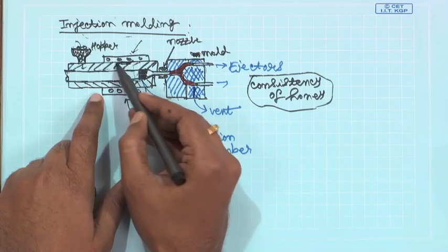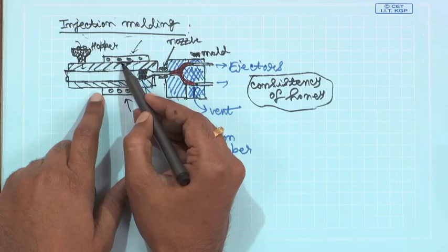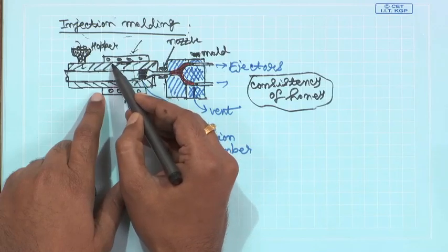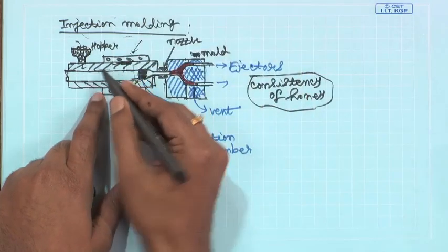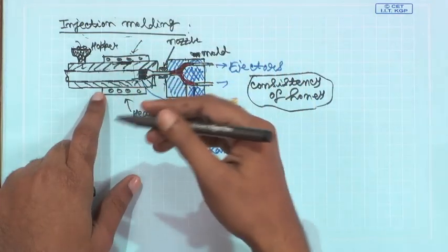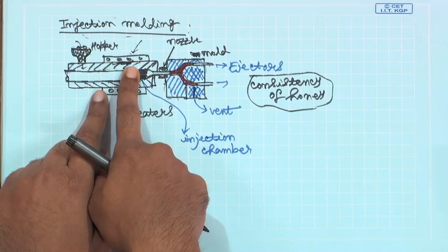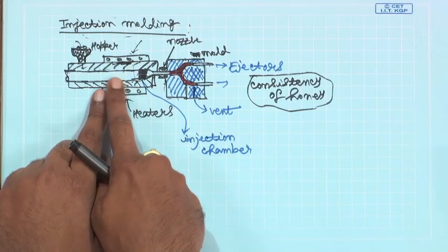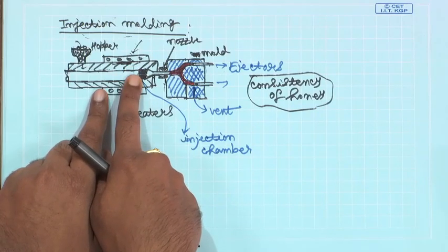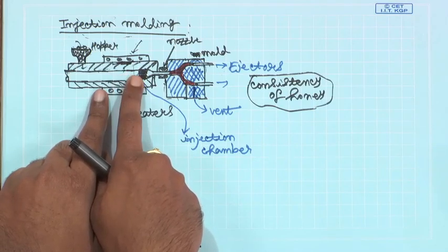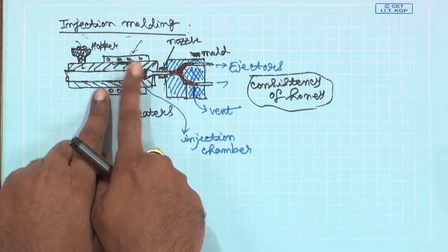So the polymer layer close to the inner wall might degrade because it may become too hot, and the polymer layer in the central region may be cooler and may not be fully melted. So there will be this kind of inhomogeneity, and some part may also be destroyed.